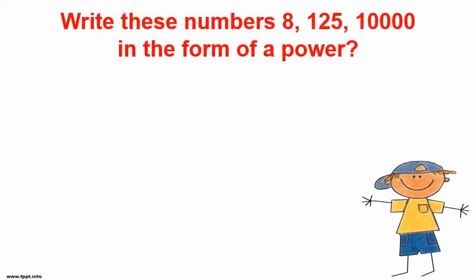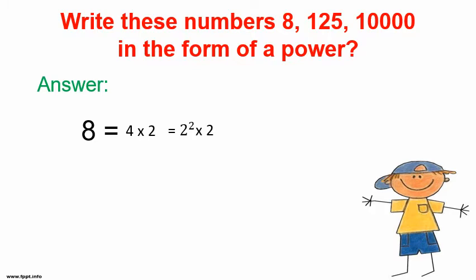Okay, writing numbers as powers, similarly to the previous session. 8, you can use the tree method, or you can see that 8 is 4 times 2, which is 2 squared times 2.